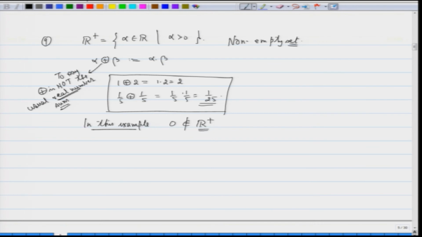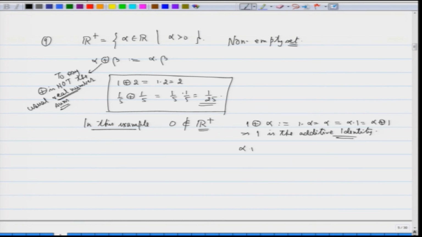So, I cannot talk of 0 plus something, but I can talk of 1 plus any real number alpha, and this by definition is equal to 1 into alpha, which is alpha. So, this is the same as alpha into 1, which is alpha plus 1. So, 1 is the additive identity. So, 1 is the one which works as something nice.